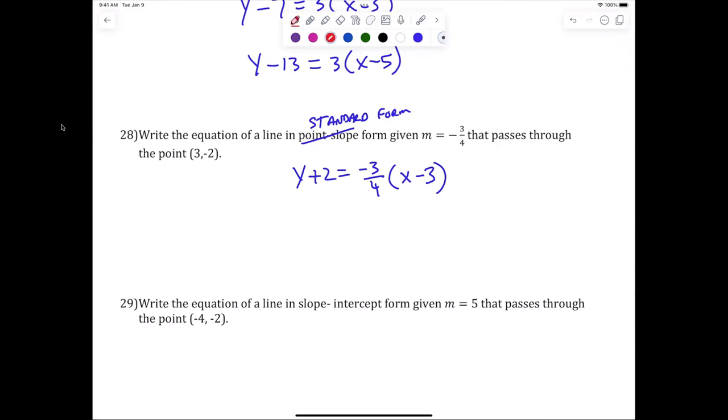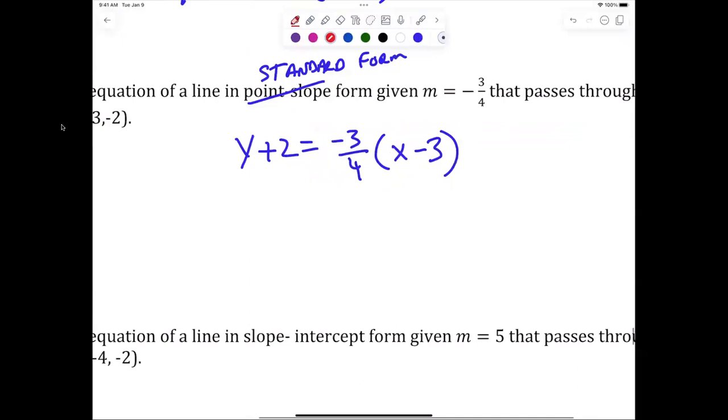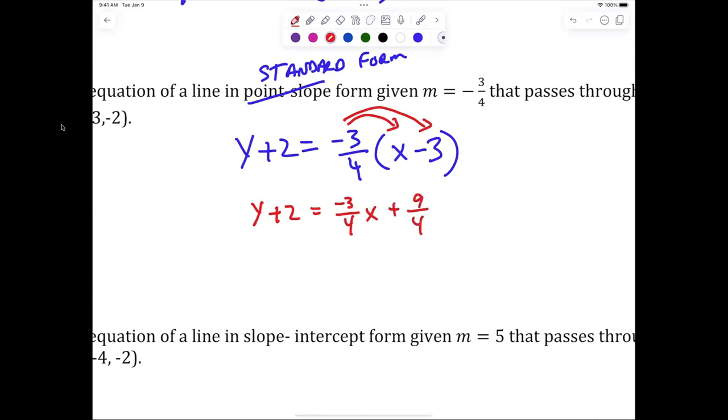So, you know what? I thought I confused some people by multiplying by 4 first. So what I want to do is distribute this first. So y plus 2 equals negative 3/4 x plus 9/4.